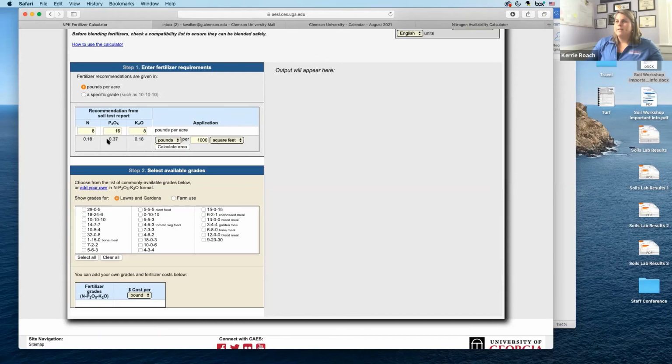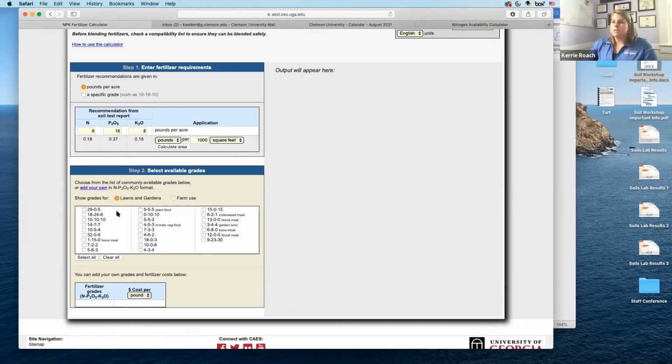And what it will tell you is that's how many pounds per acre. That was my recommendation. And now it's going to tell me pounds per 1,000 square feet. So remember when I said it was such a pain to have to calculate it out? This actually calculates it for you. So if you happen to put a commercial recommendation, or if you just have a smaller area and you need to go from the pounds per acre down to pounds per 1,000 square feet, this is a great tool.